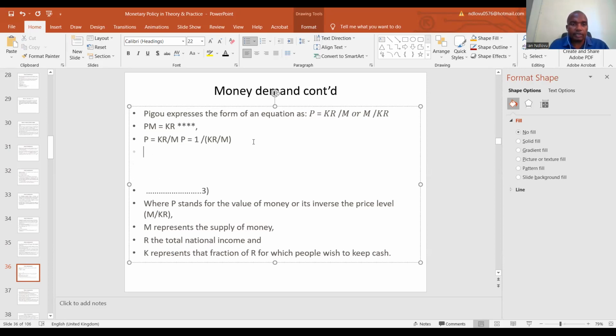To make K the subject of the formula, I will have K being equal to PM divided by R. Remember, R is the total level of national income, M is money supply, and P is the value of money or its inverse, the general price level.